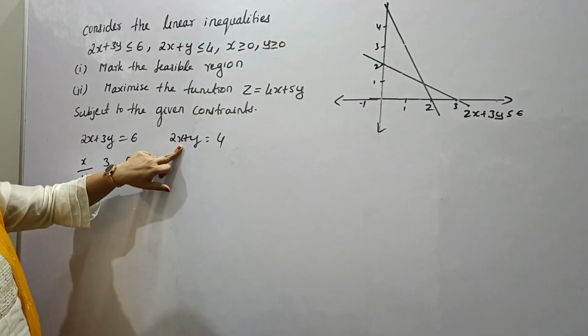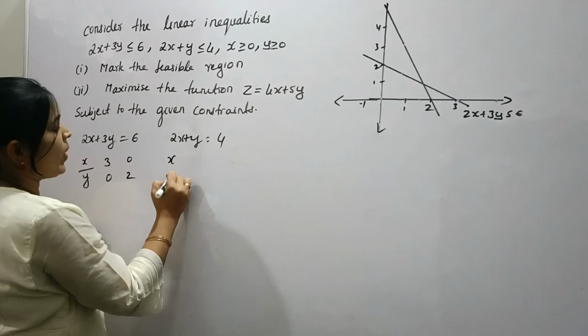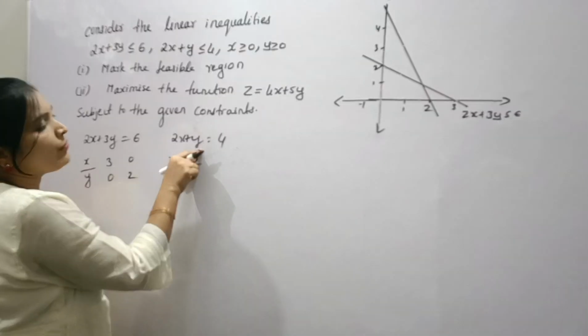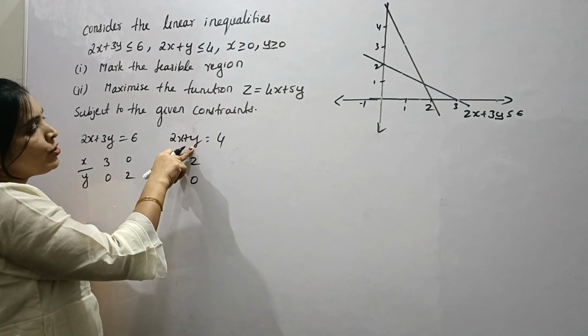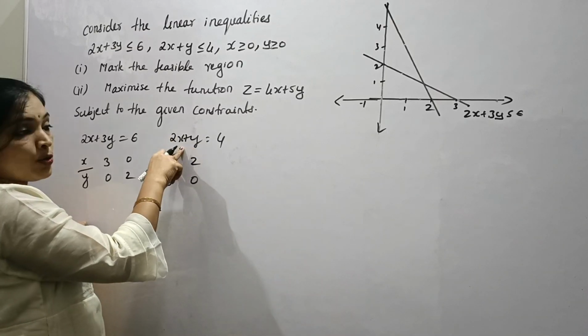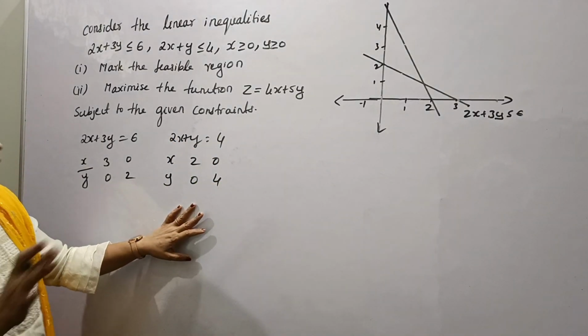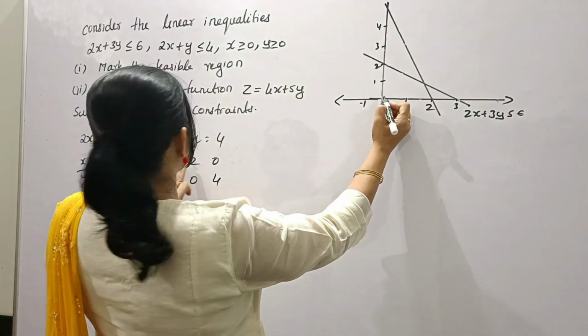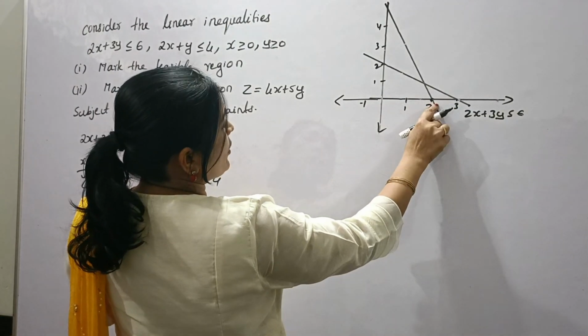Here also you put x is equal to 2, then y is equal to 0. Then put, sorry, x is equal to 0, then you will get y is equal to 4. Now plot the points. x is equal to 2, y is equal to 0, this is the point.